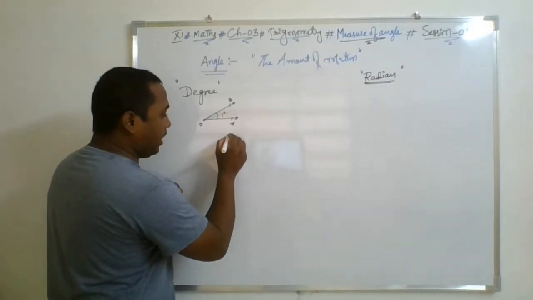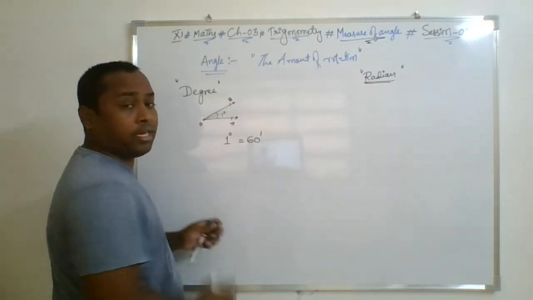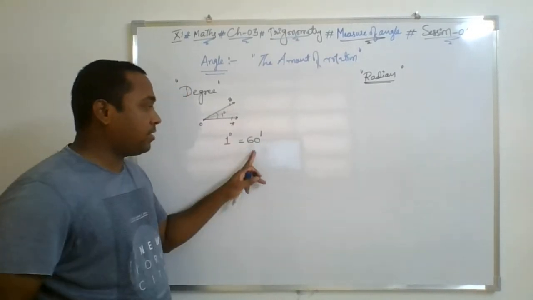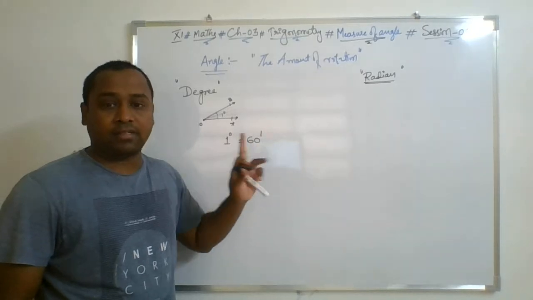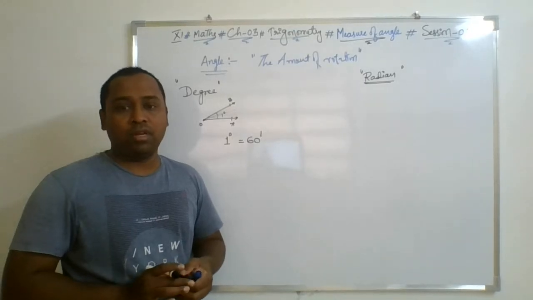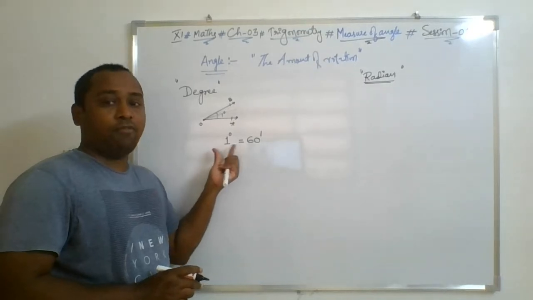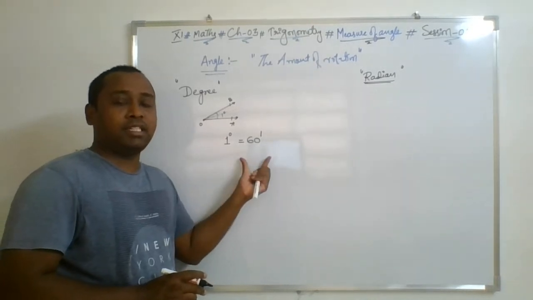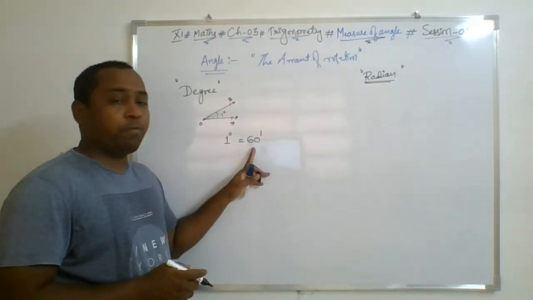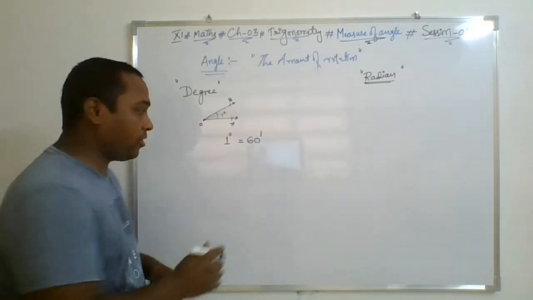Hence, the 1 degree angle is equal to 60 minutes, and the minute is denoted by writing a single dash over the value. Just like in a clock system, 1 minute is equal to 60 seconds. In that way, the 1 degree angle, that is the amount of rotation, is divided into 60 equal smallest parts, and each part is known as a minute. Hence 1 degree constitutes 60 minutes.